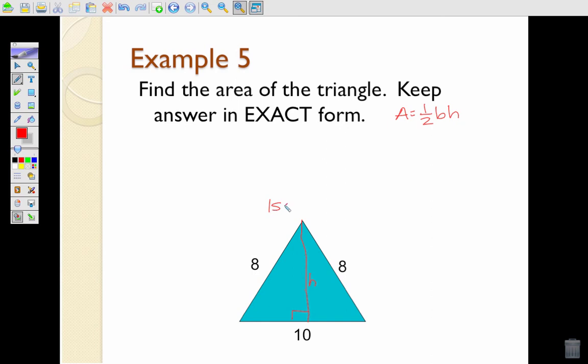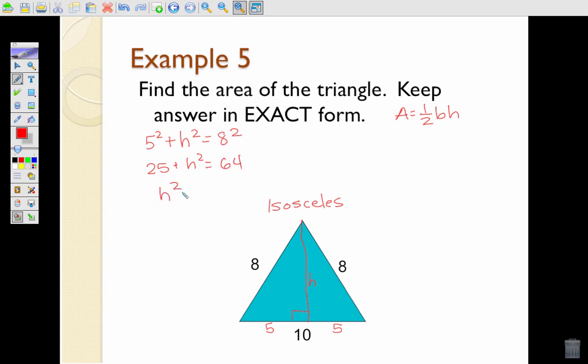So I have a right triangle. Since it's an altitude and it's isosceles, I know that I am splitting that base in half. So I know this is 5 and I know this is 5. So I would have 5 squared plus h squared equals 8 squared.